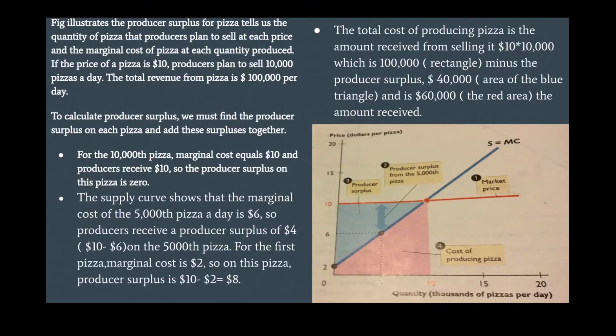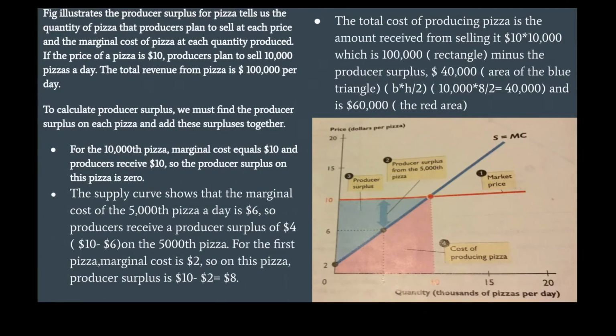So producers receive a producer surplus of $4, that is $10 minus $6, the market price minus the marginal cost on the 5,000th pizza. For the first pizza, marginal cost is $2. So on this pizza, the producer surplus is $10 minus $2, which is $8.